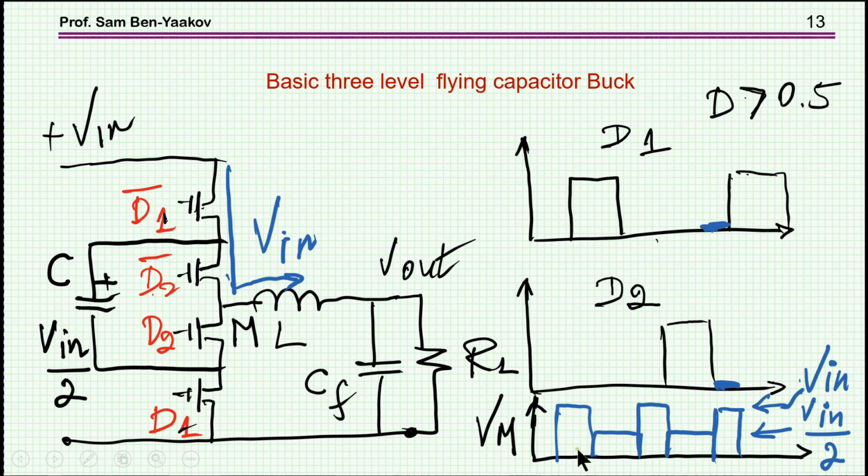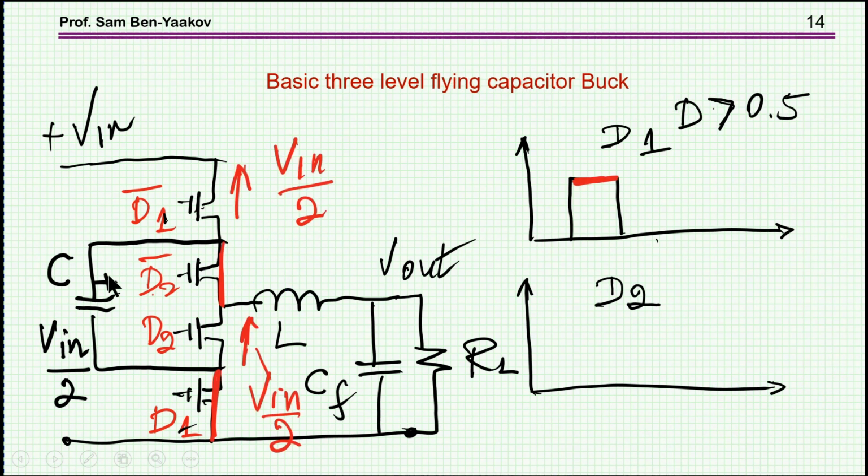Okay, we see the input voltage, we see half the input voltage, input, half, etc. Obviously, we already see here that the swing is smaller. That is, the swing, the delta here is much smaller than the swing that you'll have when it is a regular buck converter.